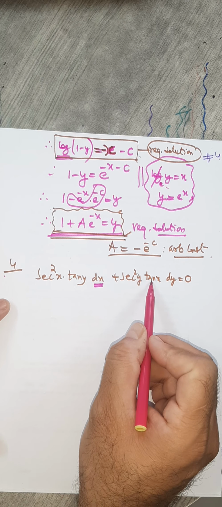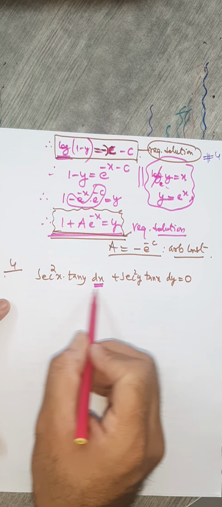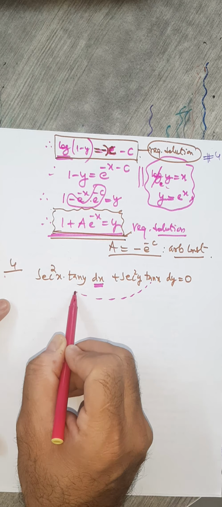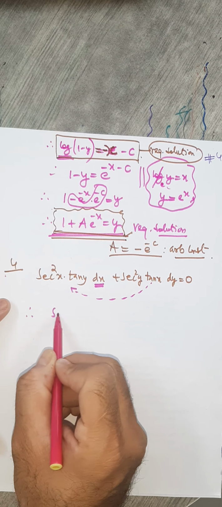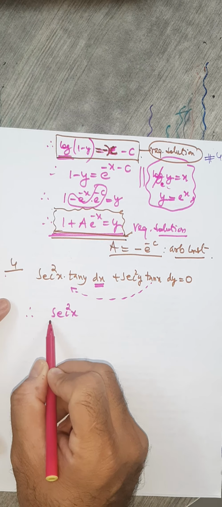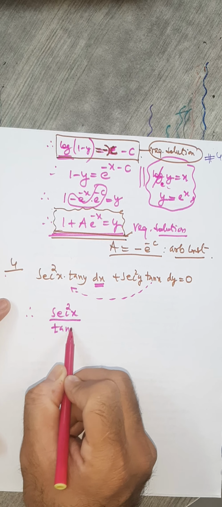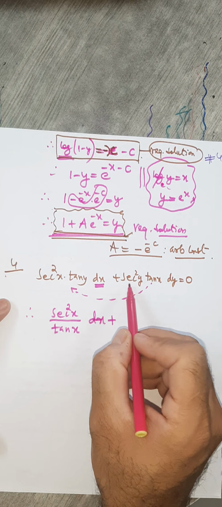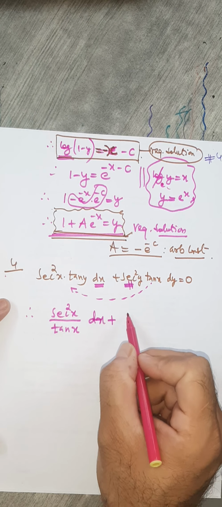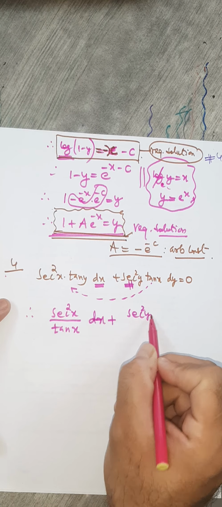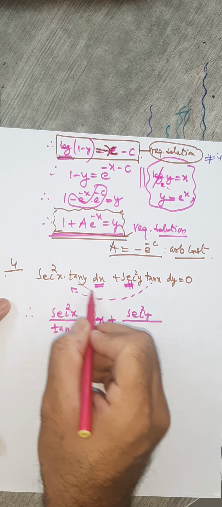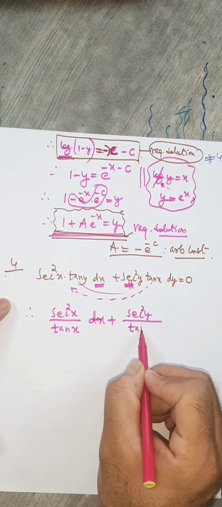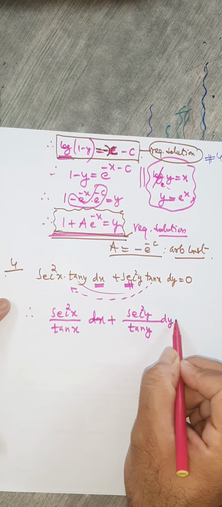So what I'll do, I'll take this tan y down here. Ensure dividing by it, you must realize. So sec square x by tan x dx plus, sec square y as it is here, and I'll take this tan y down, so sec square y by tan y dy equals to 0.